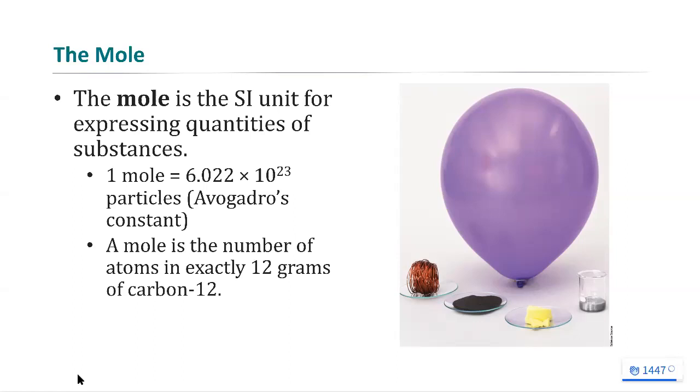For the chemical mole, what we have is a systematically defined term for quantity. The mole is 6.022 times 10 to the 23rd objects. So when I say millions and millions, I'm not even being close to the true scale of the mole.